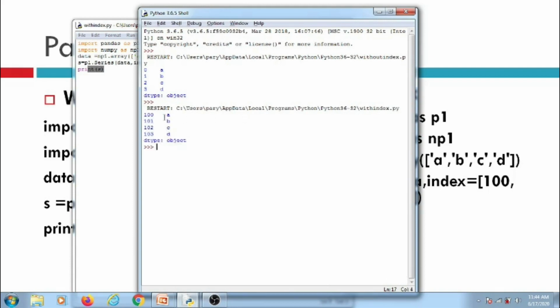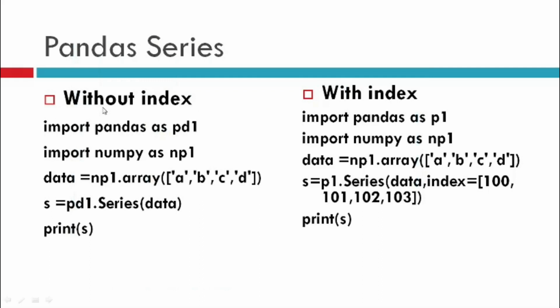So you see the result: 100 A, 101 B, 102 C and 103 D, and dtype is object. So this is without index and this is with index. We can give the indexing according to our own way. You can give here 1, 2, 3. You can give names also.